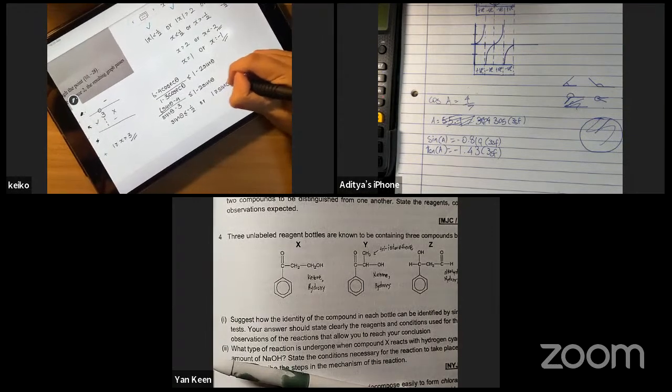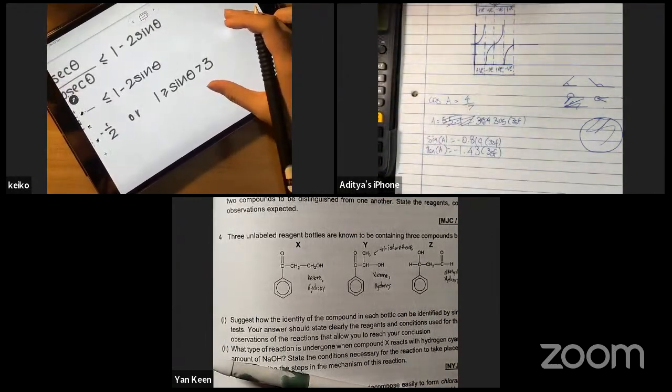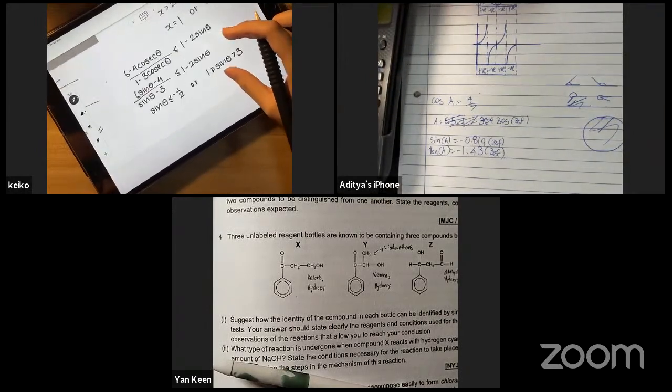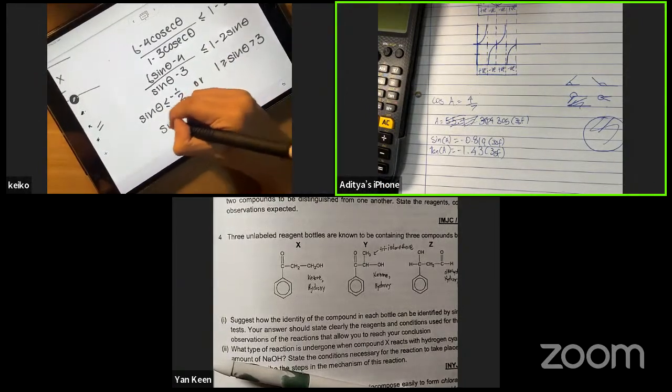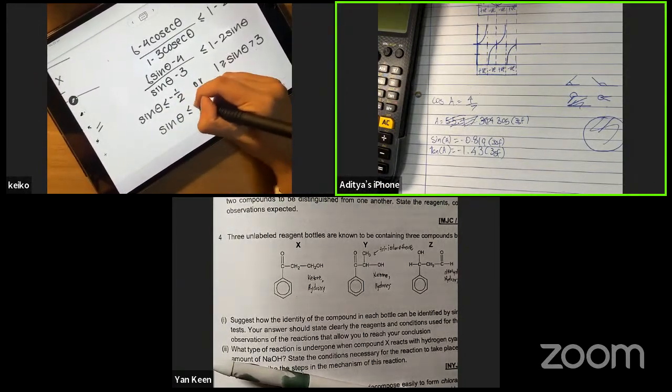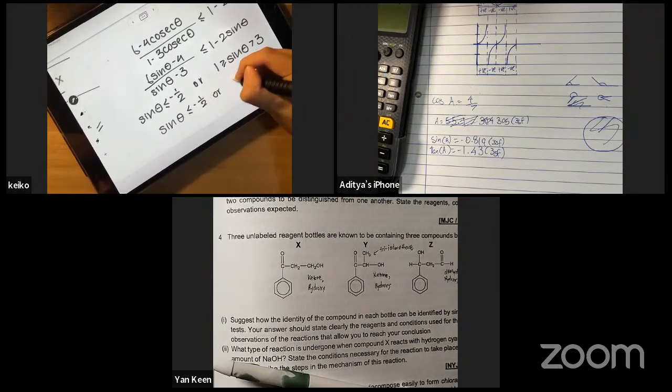Now, this is the important part. Do you know why I write 3 here? Why I write negative 4 here? No. All right. Now let's pretend that it's a coordinate. Let's just pretend.